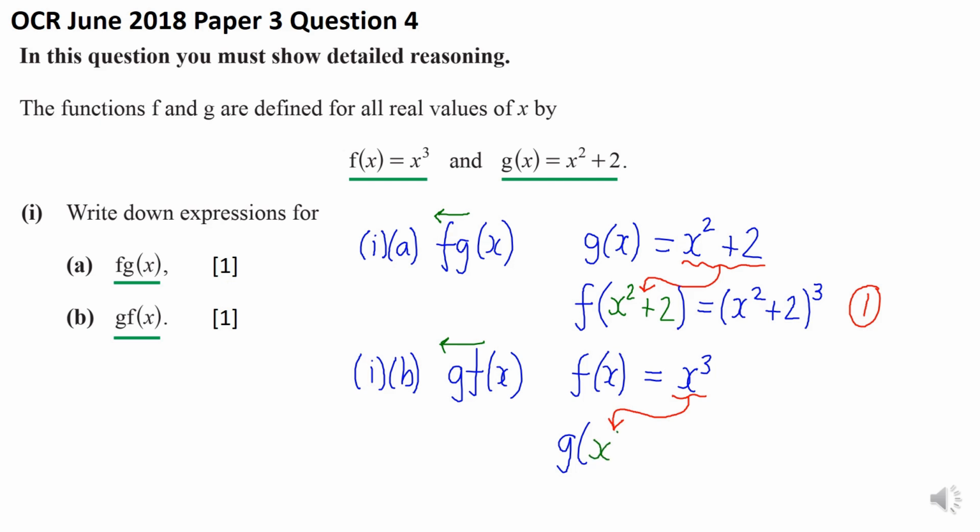So we work out g of x cubed. g of x is x squared plus 2, and so we write x cubed squared plus 2, which simplifies to x to the power of 6 plus 2. And we leave it at that for 1 mark.